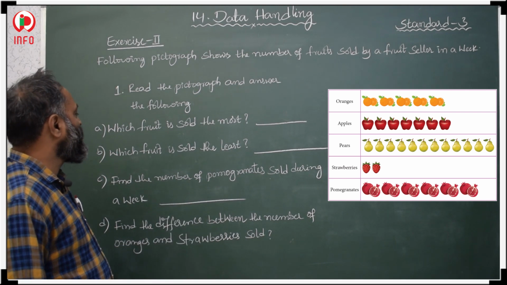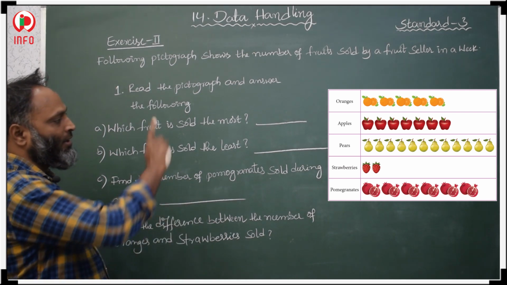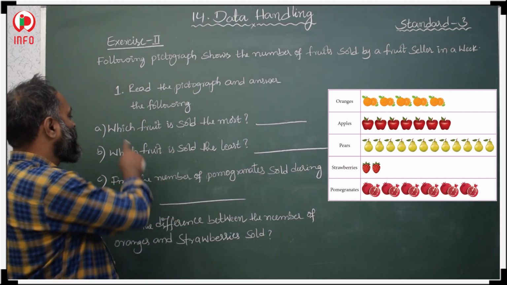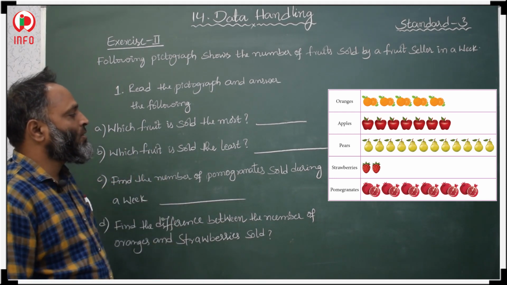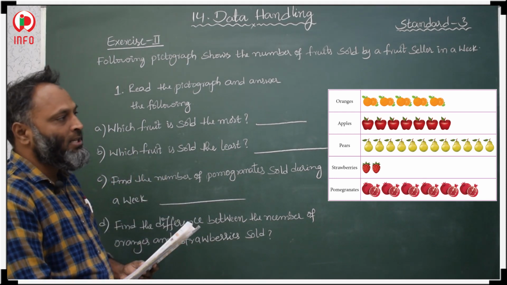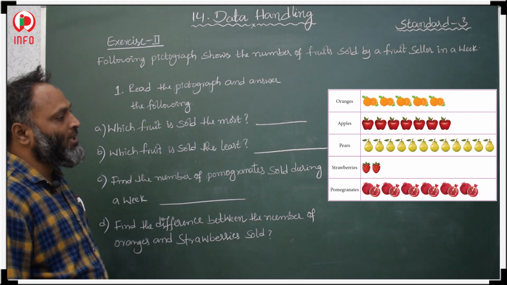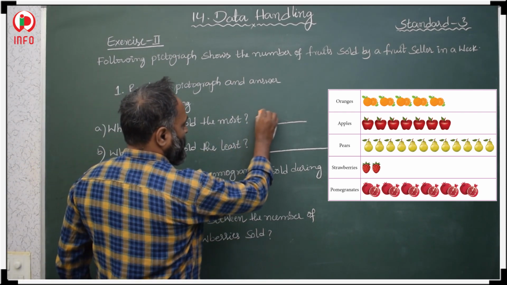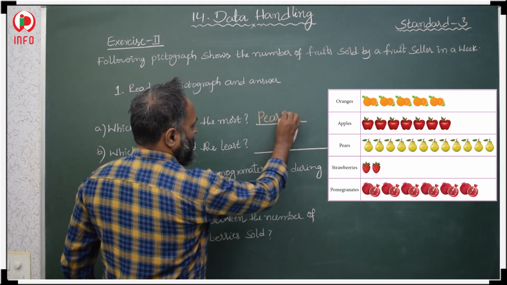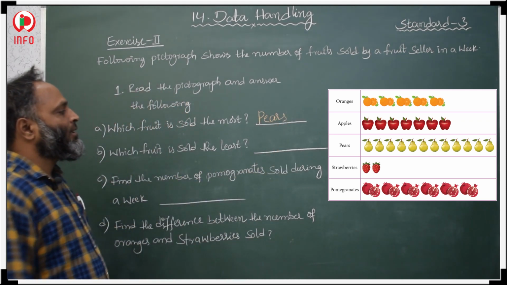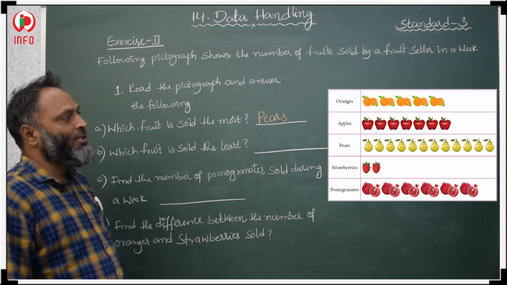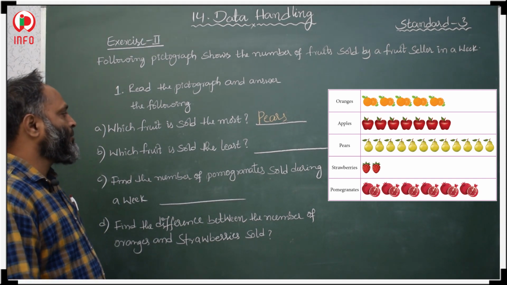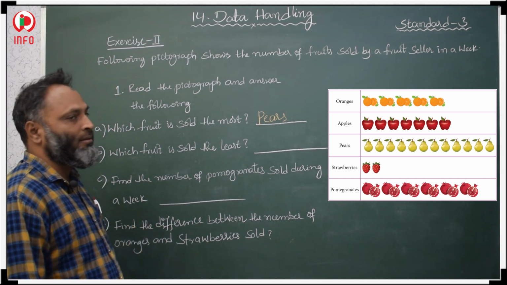The questions he is asking after reading the pictograph: which fruit is sold the most? That is pears. Total 12 fruits he sold, the highest, so the most fruits he sold is pears.